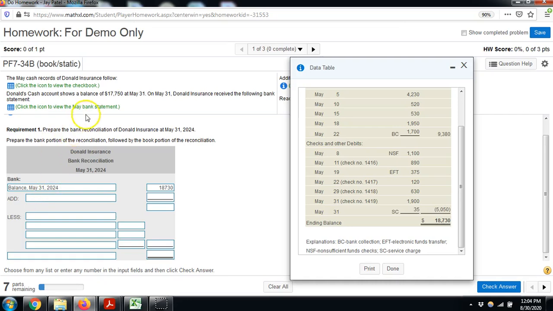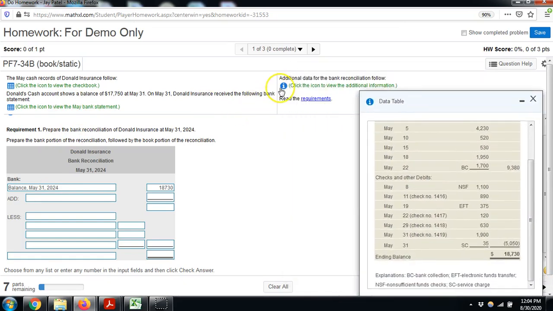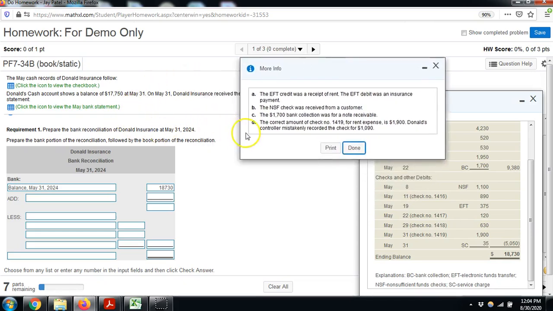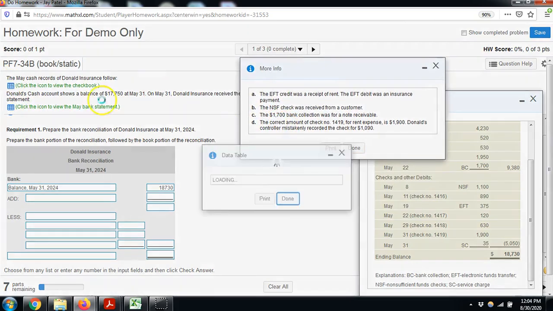So let's see where we can find that information. It looks like there's some additional information here. And we have a checkbook here.